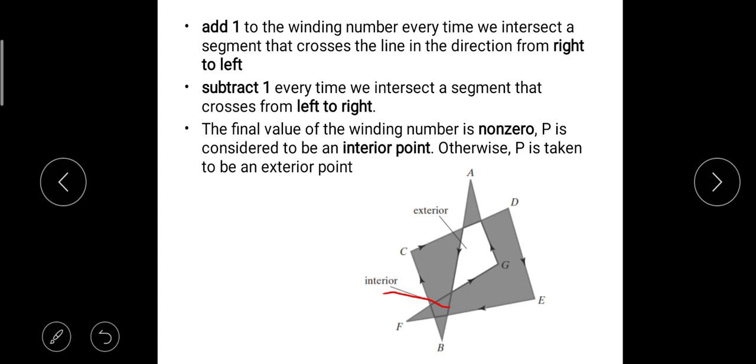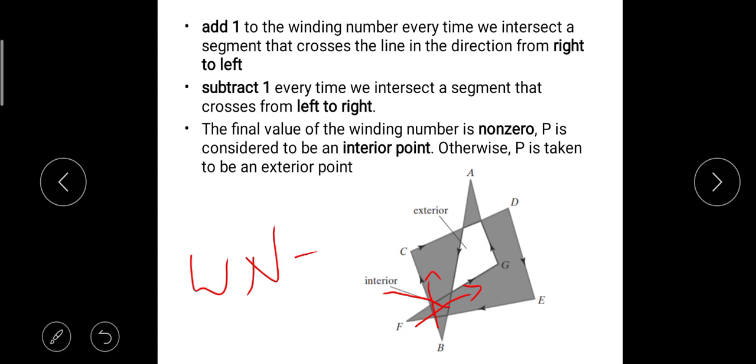One segment is from F to G, which has a direction from left to right, and one more line segment is B to C, again in this direction, from left to right. So what about the winding number?